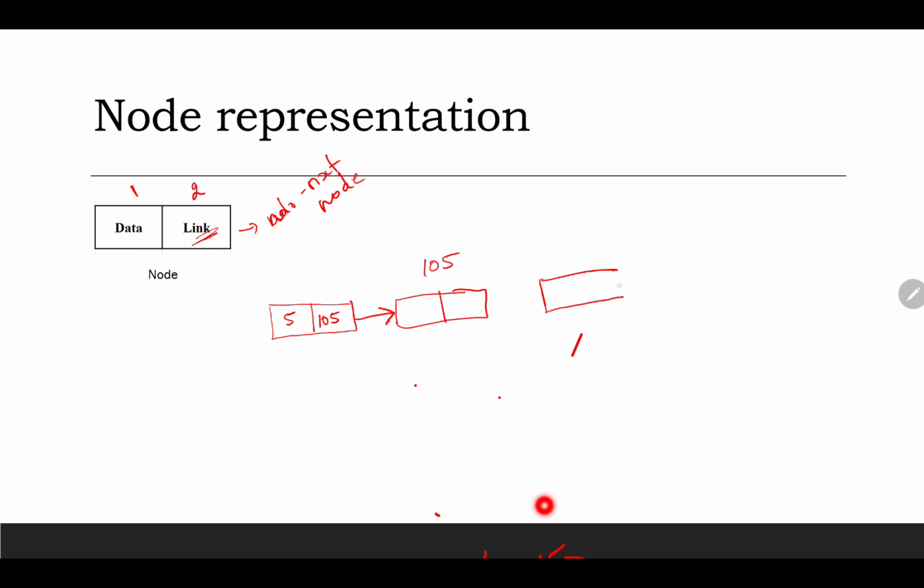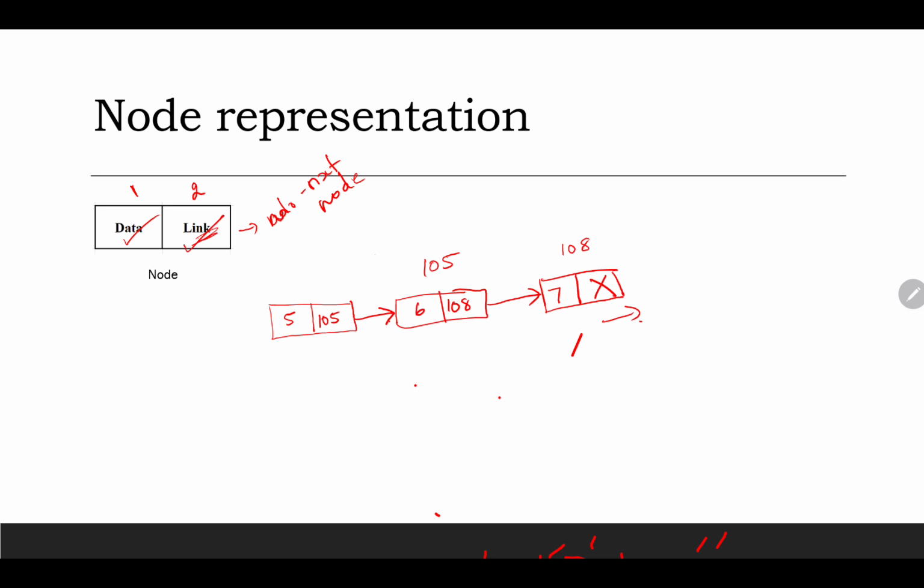And suppose there is another node stored at 108. Then the previous node contains the address of the next node, that is 108, and here the value is null. After this node there is no node, so it will be null. This is how we represent the node. The node is divided into two parts: the first part contains the data and the second part contains the link.